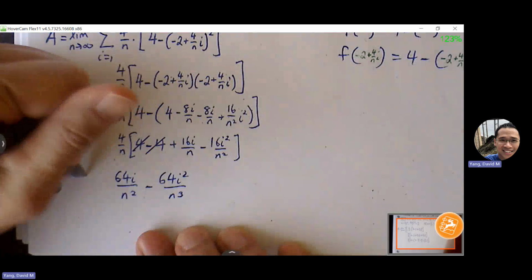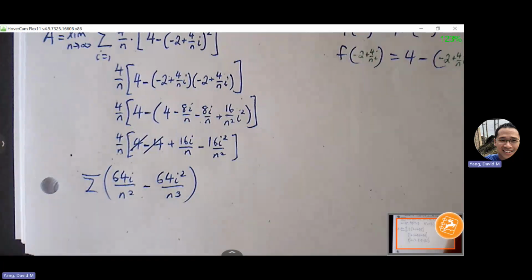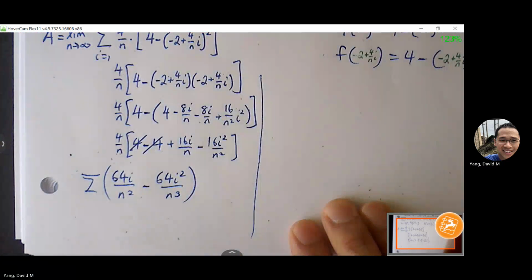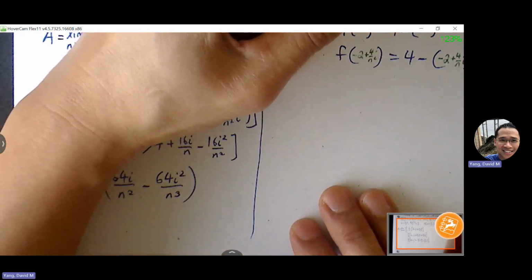And now we want to break them down into individual summations, pull out the coefficients, and then use the summation rules that we have in place. So I'm going to start separating them.